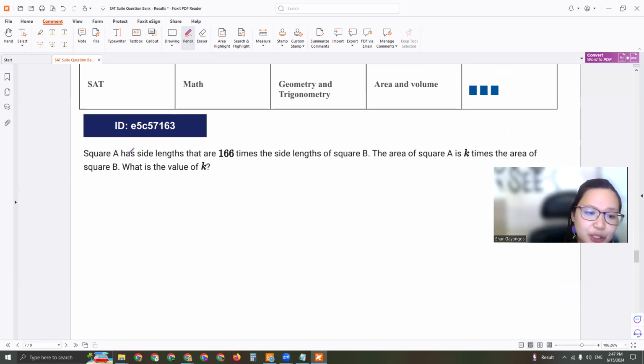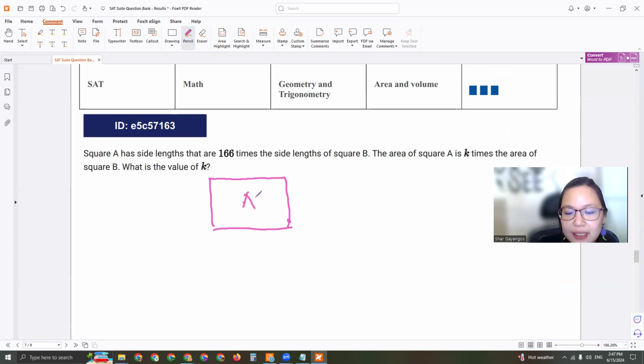Okay, so here, square A has side lengths that are 166 times the side lengths of square B. So if I'm to draw a square, let's pretend that this is a square. We have a smaller square B here. Let's say its side length is x.